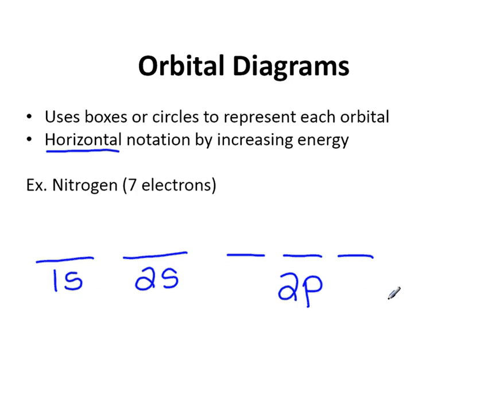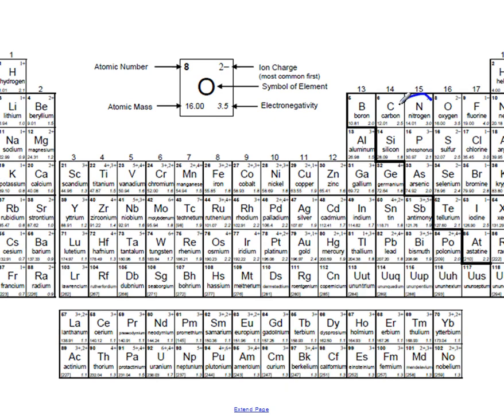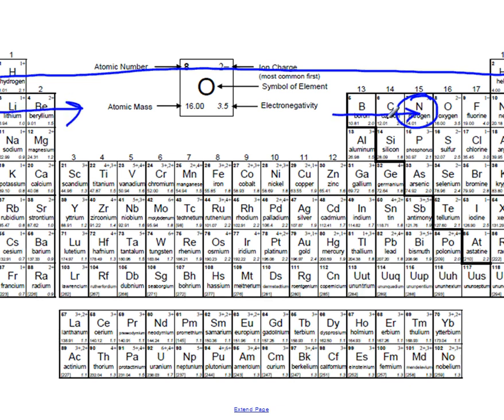If you don't remember how to get this order, you either go to your diagonal rule or the periodic table. So if we go back and take a look, this is where nitrogen is. It's number 7 on the periodic table, 7 electrons. To get there, we have to go through 1s, we have to go through 2s, and then in here, we're in the 2p block. 1, 2, 3 electrons in.